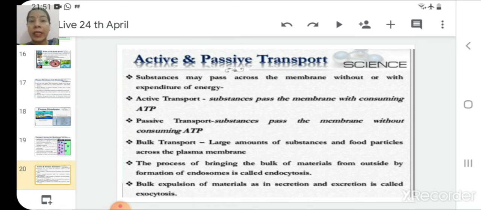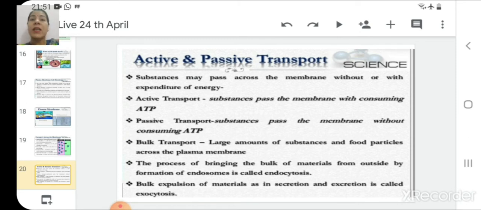ATP means adenosine triphosphate. So, when a certain material moves across the plasma membrane with the help of some energy, then that transport will be called active transport. Whereas the transport in which no energy is required will be called passive transport. So substances may pass across the membrane without or with expenditure of energy.